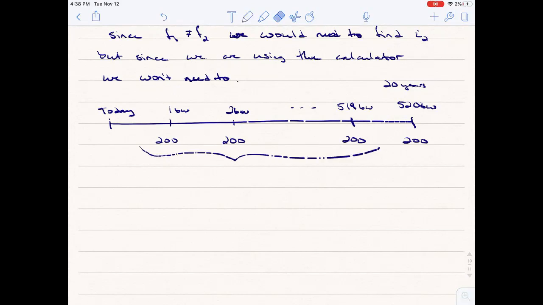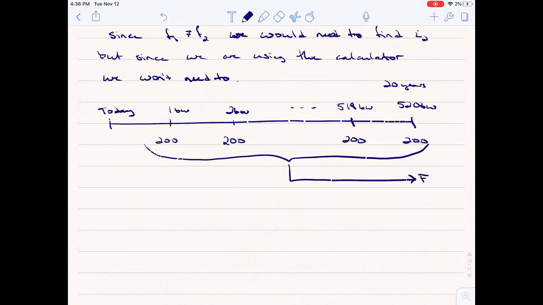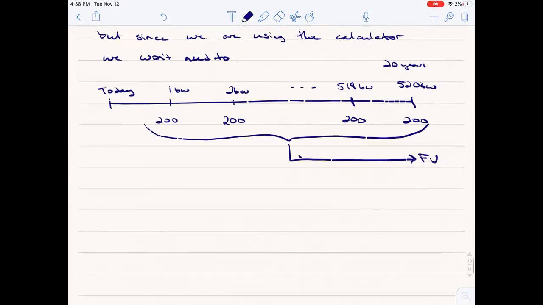This is going to be some future value. And N is time times F2, which is 20 times 26, which we already found was 520 payments.